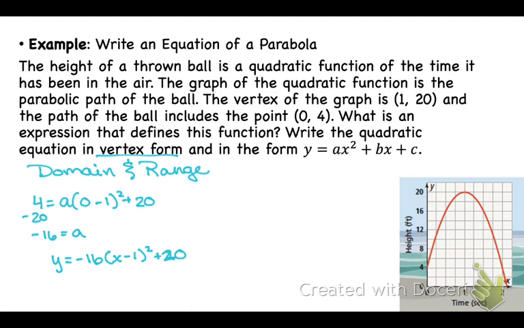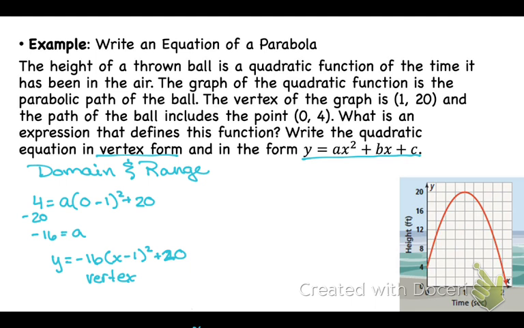Because you get negative 16 for a. Okay. So now this is vertex form, yes? In order to get it in standard form, we need to multiply this out.